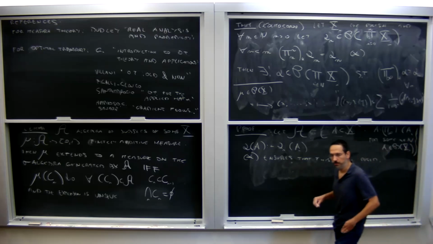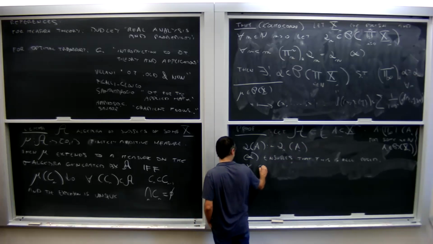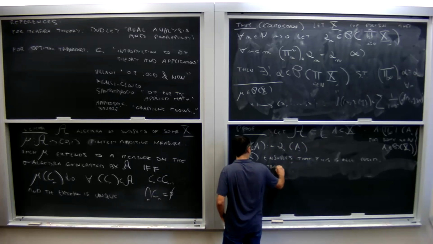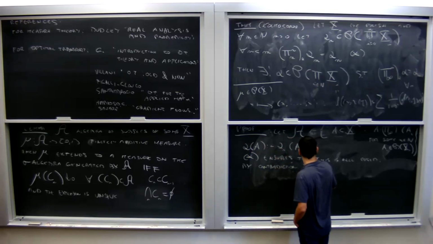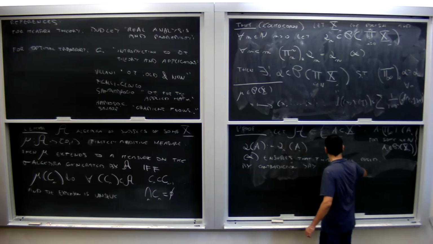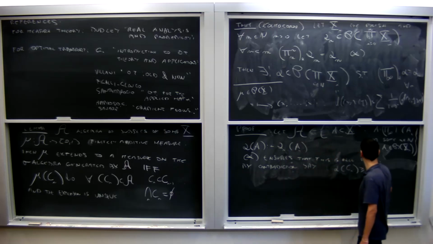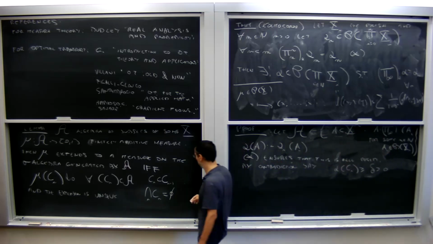Well, suppose not. Suppose that it fails, by contradiction. Say that alpha of C_n remains bounded from below by some delta, with the C_n's decreasing like this.